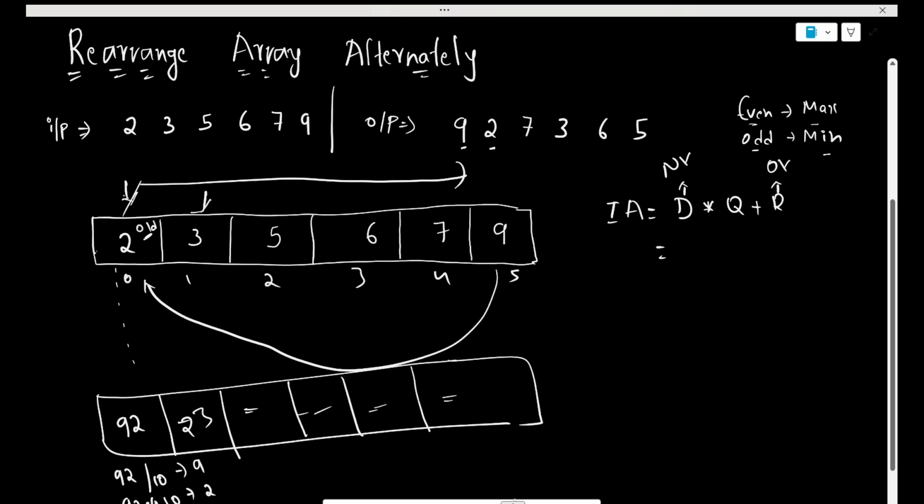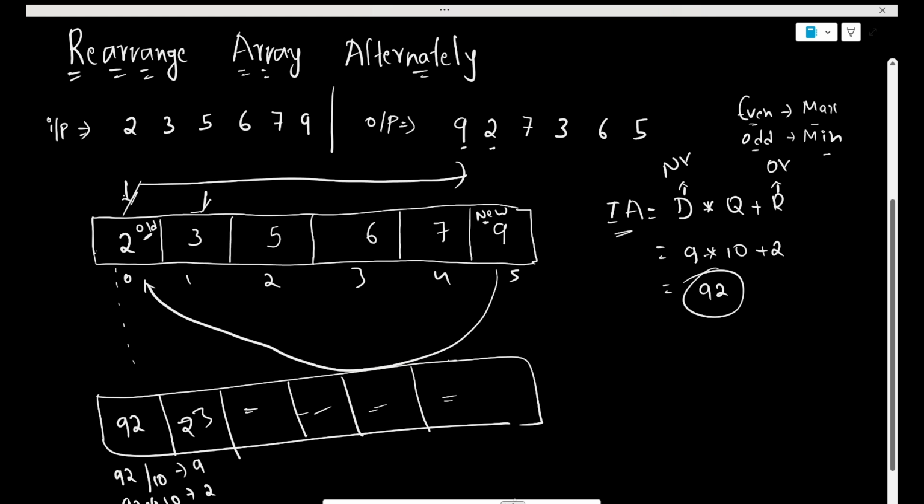What are we going to replace 2 with? 9. So this is the new value, right? Here the new value is 9 into, let's take quotient as 10, plus, what's the old value? 2. This is 92. That's how this intermediate value is generated.